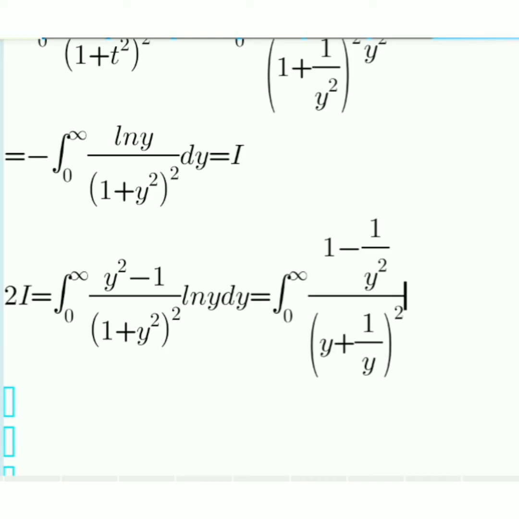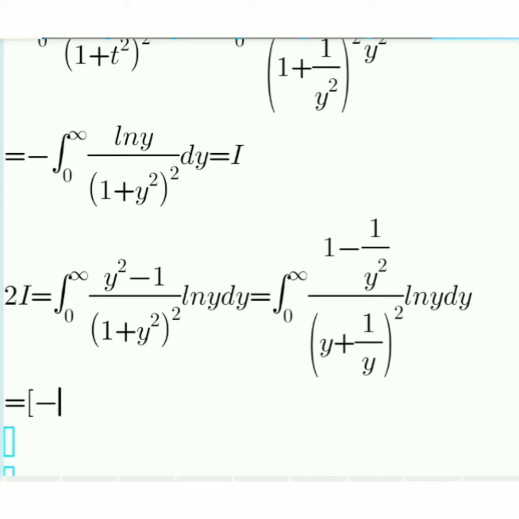After that I get dy, and next I get 0 to infinity, and here should be ln y, and whatever I want to do is by parts. I want to do simple by parts.